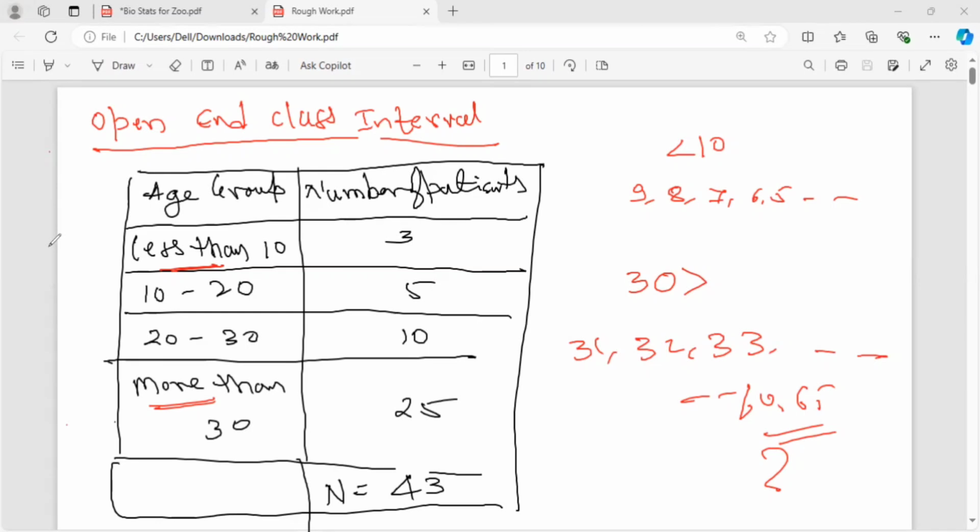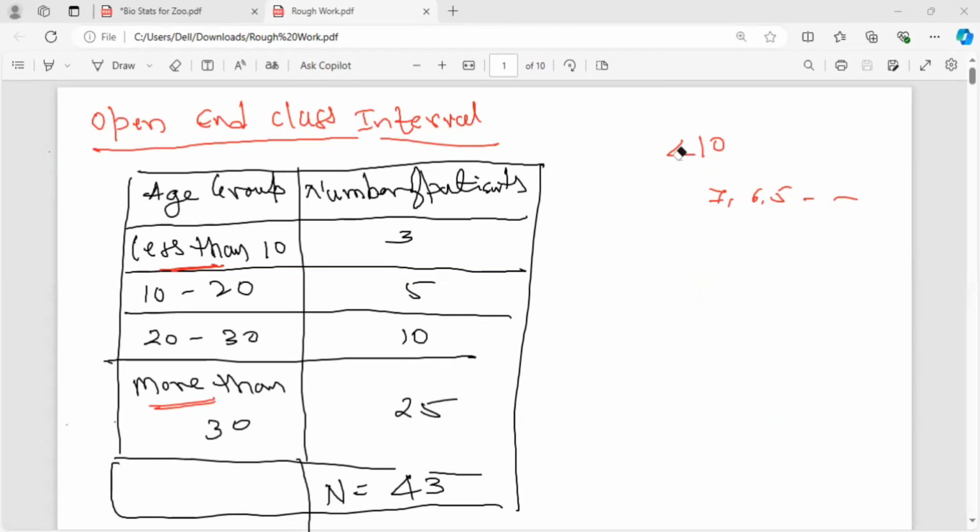Then what is the definition of an open-end class interval? If there is no specific information on either the first class interval or the last class interval, or sometimes both the class intervals. Is it clear? So open-end class intervals means what?